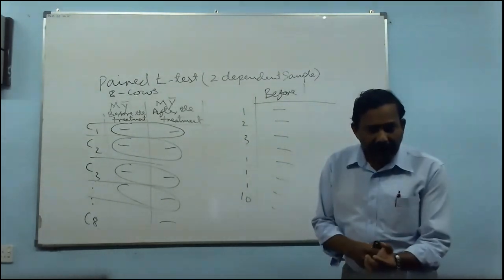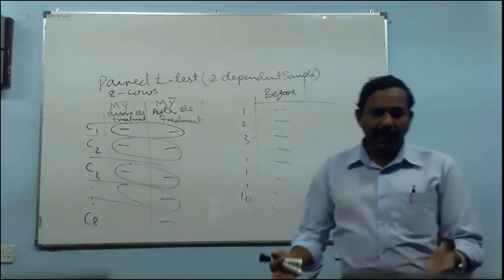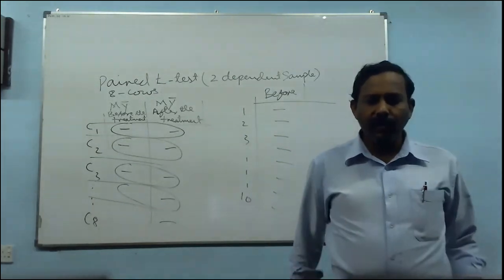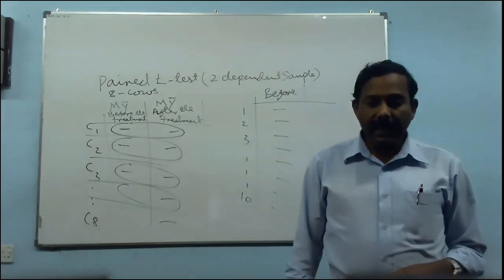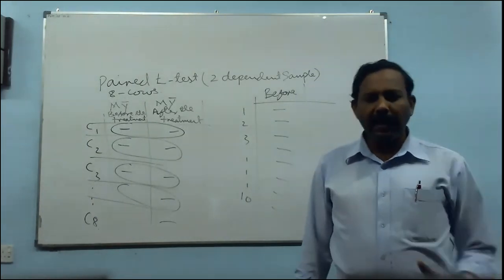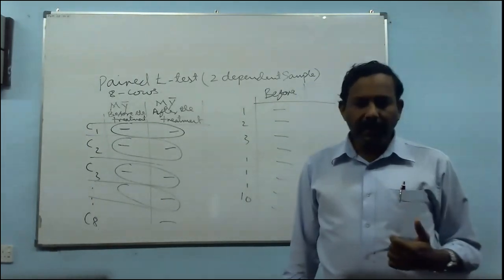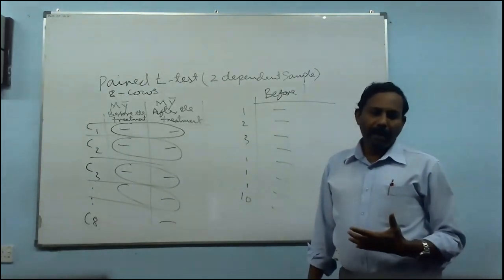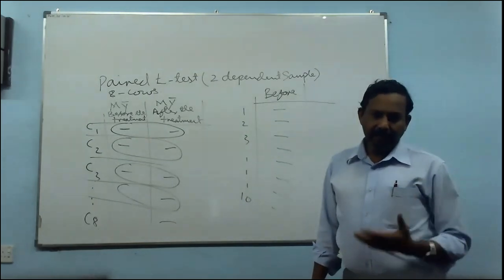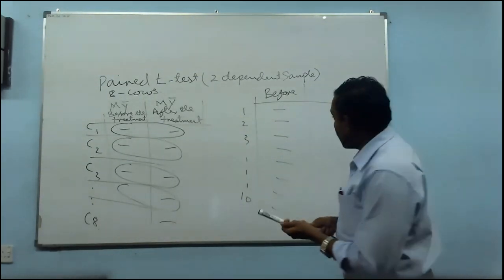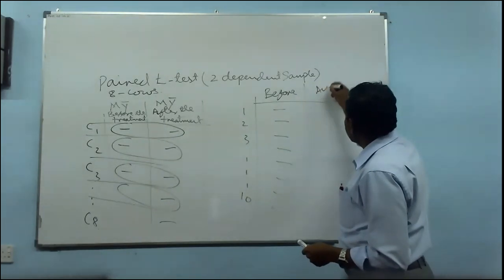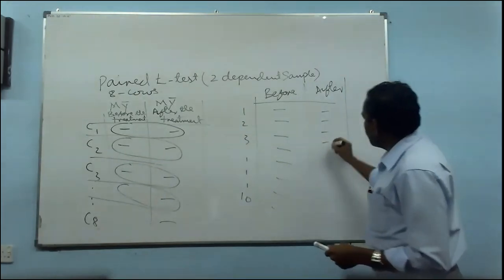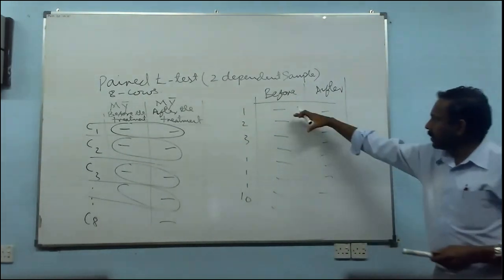So after giving subsidies like seed paddy or whatever inputs, after 1 year or 1.5 years, at the end of the project, you go and measure the same group of farmers again for their monthly income. So this is after. So you get that information from each farmer.